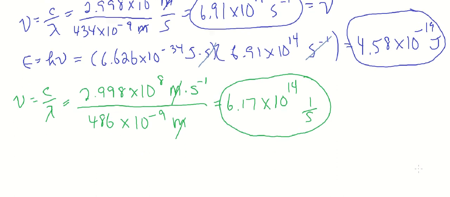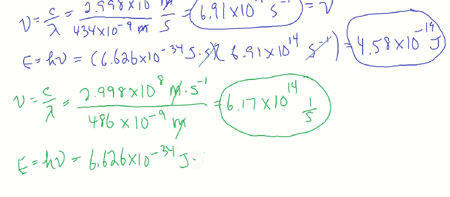Now let's punch that number into times Planck's constant to give us energy. It's Planck's constant times frequency. So that's going to be 6.626 times 10 to the negative 34 joules seconds.